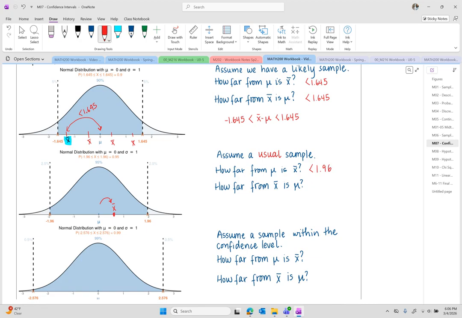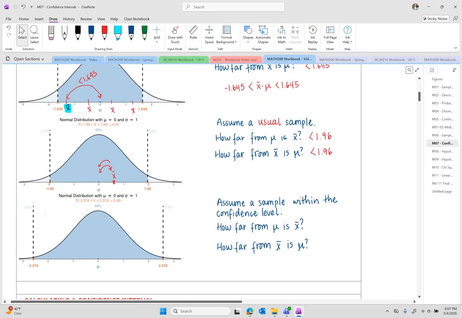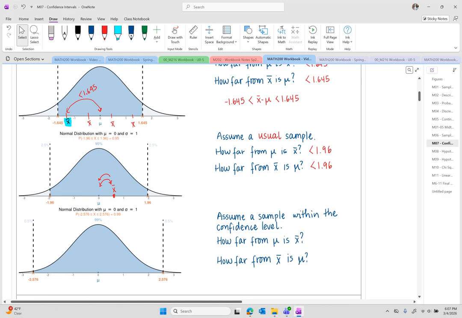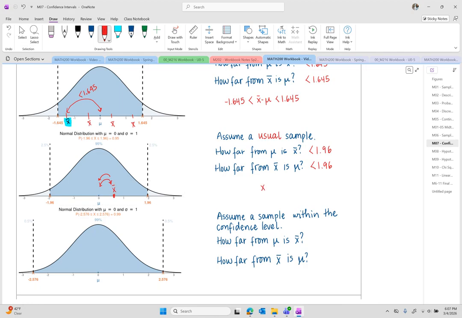And then how far from the sample mean is the real mean? And the answer now is that going in the other direction, I am still less than 1.96. So in absolute value, the real mean is less than 1.96 standard deviations away from the sample mean I calculated 95% of the times.